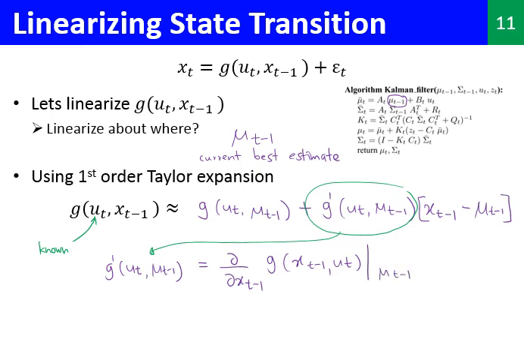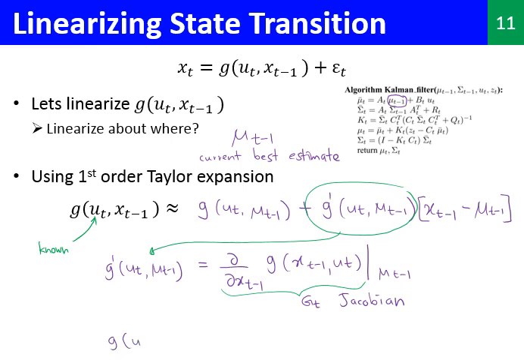Okay, and we call this Gt, which is the Jacobian of the function.